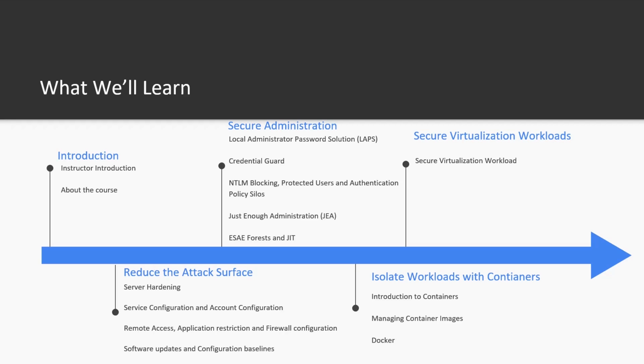Then we're moving on to the fourth section, where we're talking about isolating workloads with containers. We're going to have an overview and an introduction to containers, talk about managing container images, and then about Docker. And in the last section of the course, we are going to cover topics regarding securing the virtualization workloads. So this is how the course is structured.